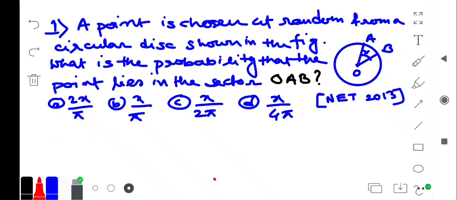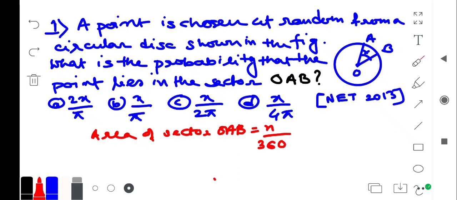We know the area of the sector OAB has a formula: n by 360 degrees into pi r square.